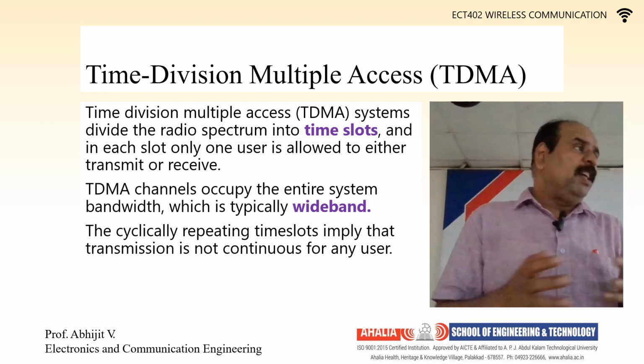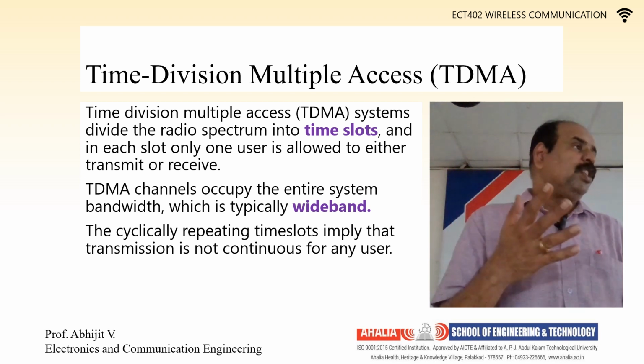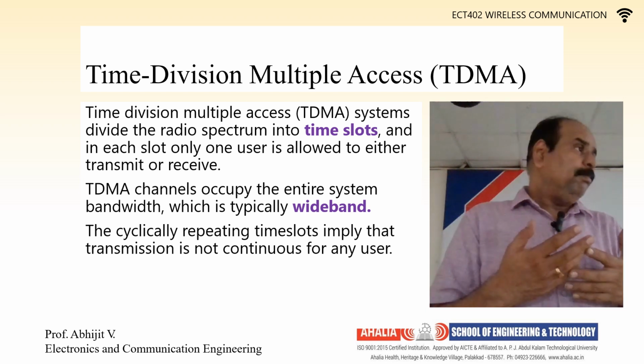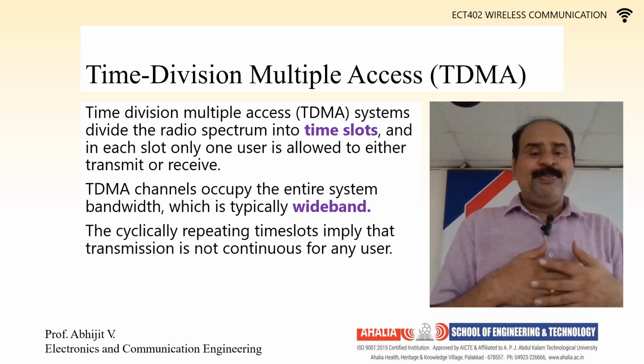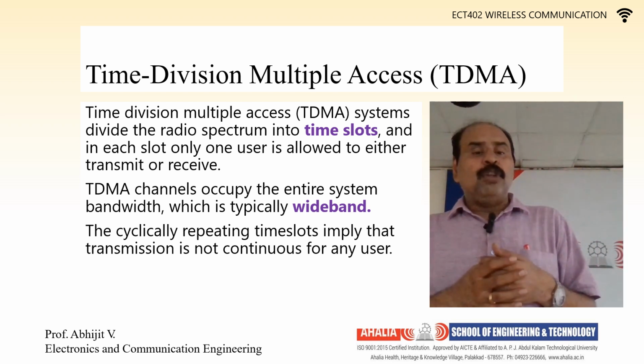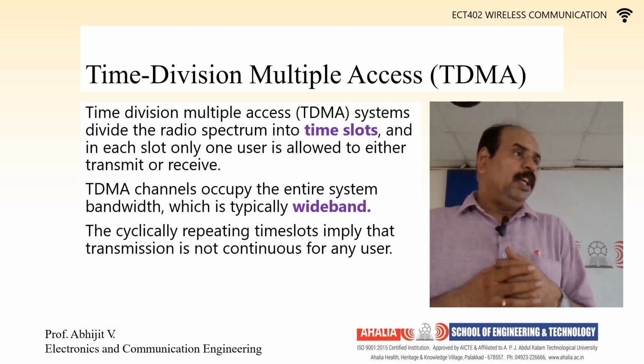So what happens is that we have a larger bandwidth. More information can be transmitted per user but for a shorter period of time. And the cyclically repeating time slots imply that transmission is not continuous for any user.